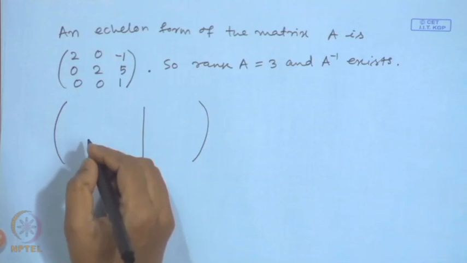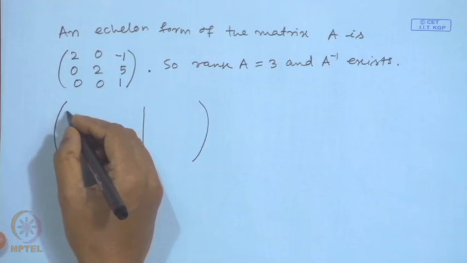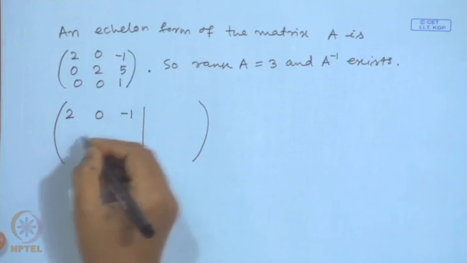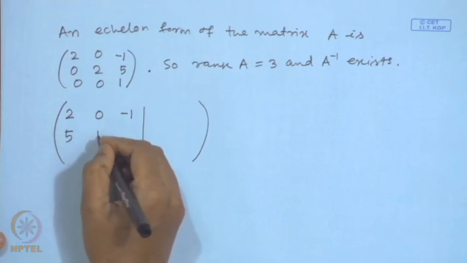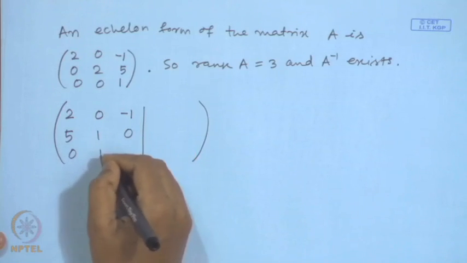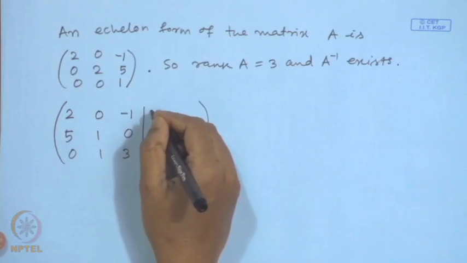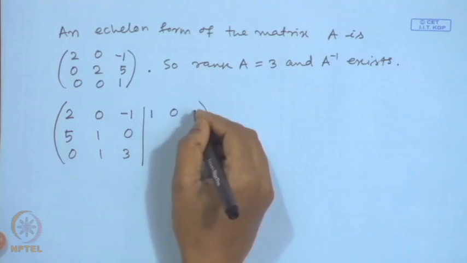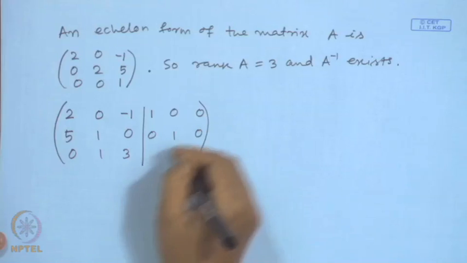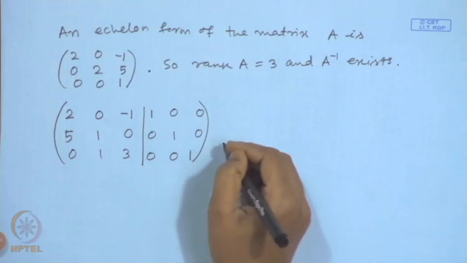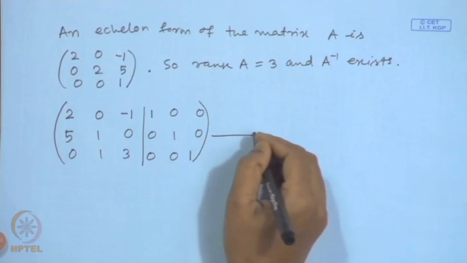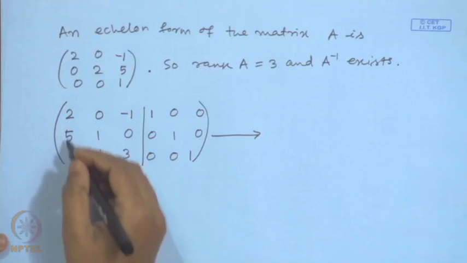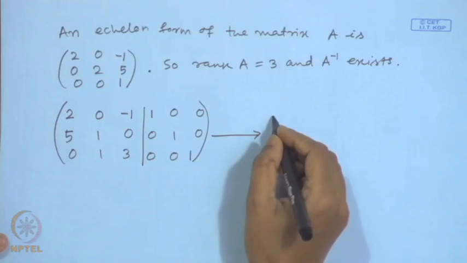In the first 3 columns we consider the given matrix, 2 0 minus 1, 5 1 0, 0 1 3, and here we consider the identity matrix, that is 1 0 0, 0 1 0, 0 0 1, and we apply elementary row operations to make these first 3 columns upper triangular.